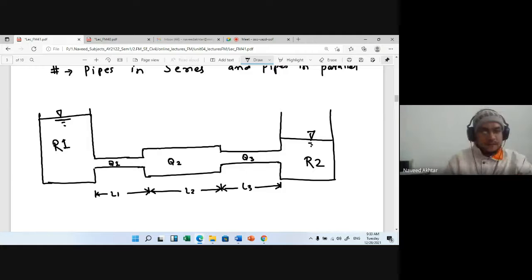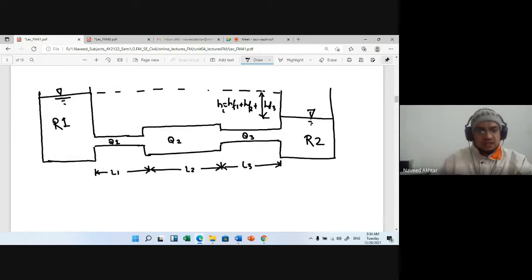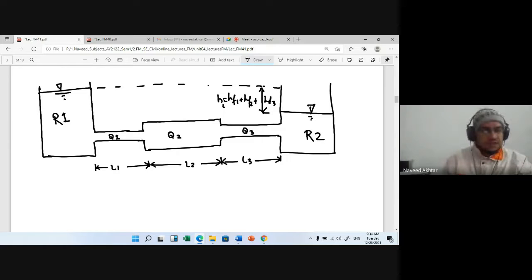This is the head in reservoir number one, and this one is the total head loss, which is H equal to HF1 plus HF2 plus HF3.